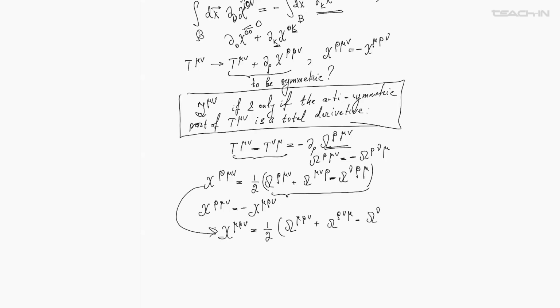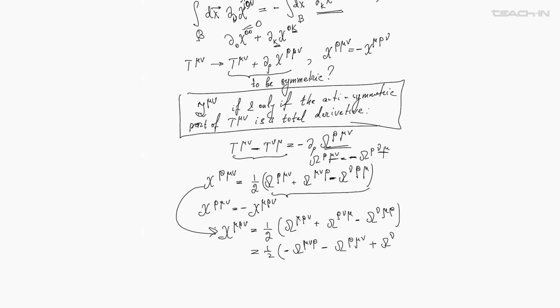And now, because this ω has the property of skew symmetry with respect to the last two indices, you rewrite it as 1/2 (−ω^{μνρ} − ω^{ρμν} + ω^{νρμ}).